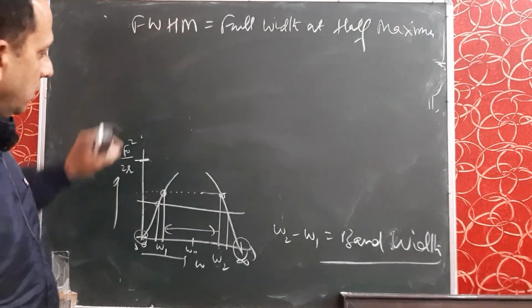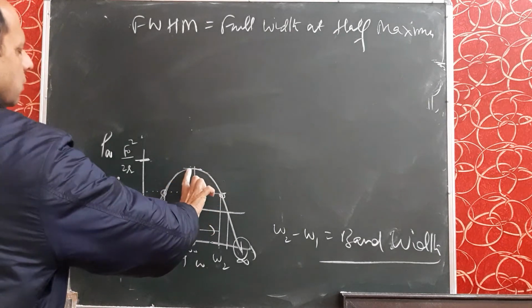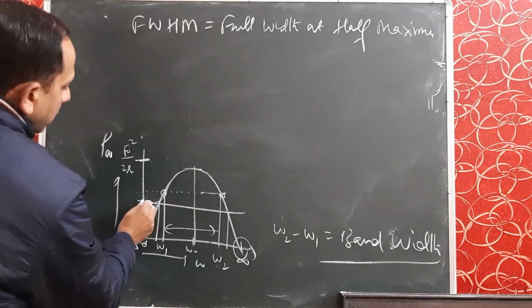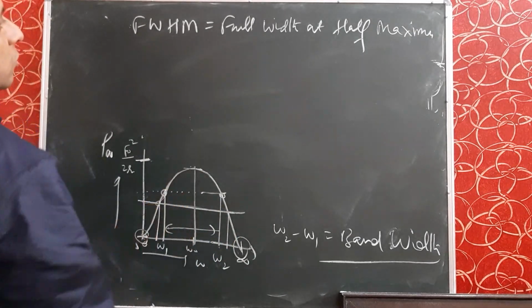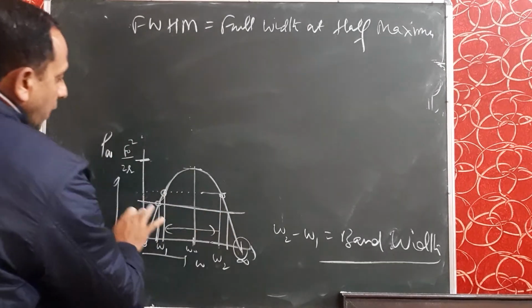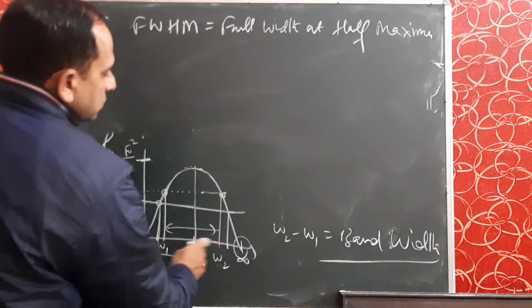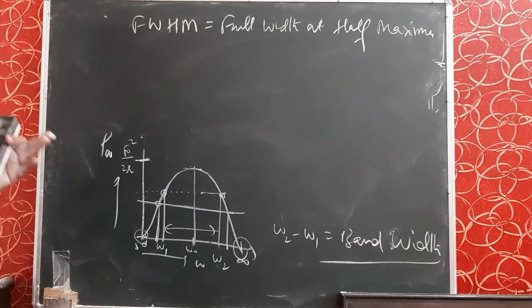Half maxima means, if the maximum value is, say, 10, you draw a line at 5, the midpoint, half of the maximum. The difference between the two frequencies at this value is called the full width at half maxima, or in general the bandwidth. So this is all about average power and its variation and bandwidth. Thank you very much.